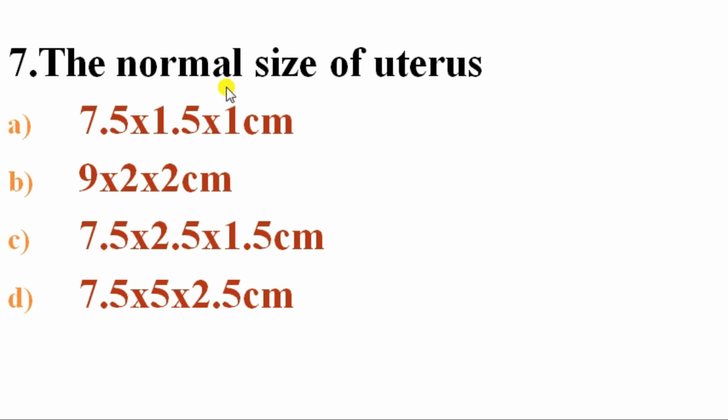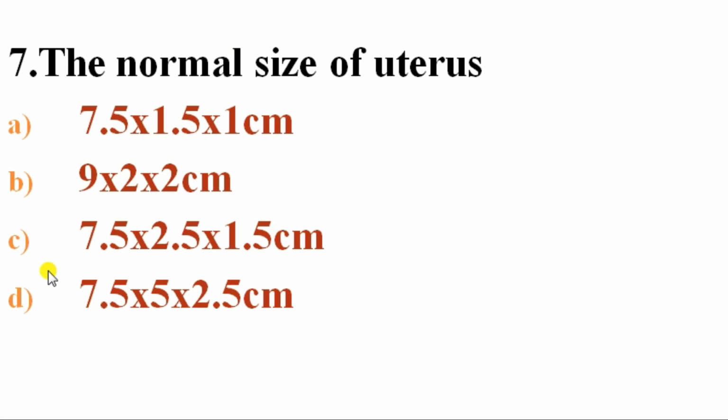Next question, the normal size of uterus. Options: A 7.5 cm into 1.5 cm into 1, B 9 into 2 into 2, C 7.5 into 2.5 into 1.5, D 7.5 into 5 into 2.5 cm.